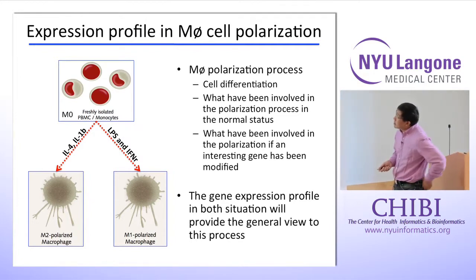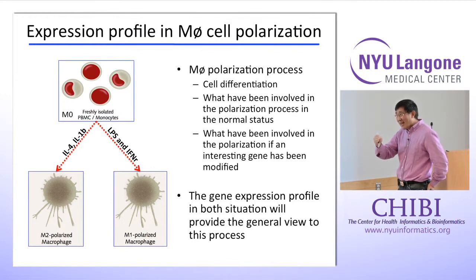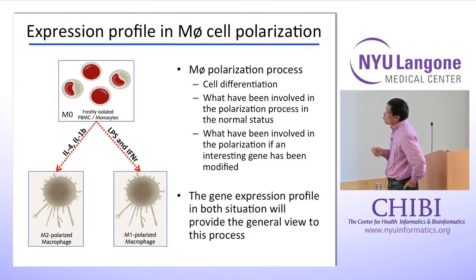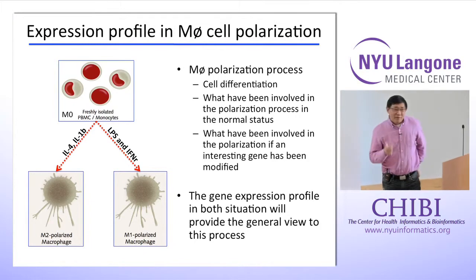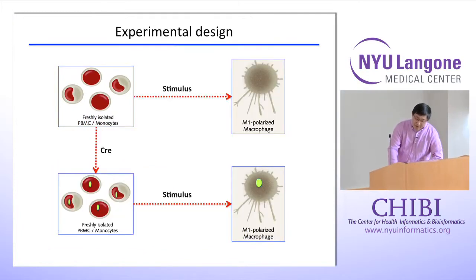In this process, many different things are involved. What we are trying to understand is how the macrophage is activated, and what is working during this process. First thing, of course, we would like to take a look at the gene expression profile.